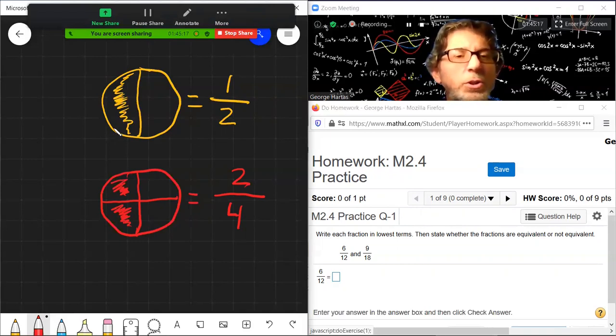So this goes to show you that, yes, these are equivalent fractions. They are the same thing. The only difference is that there are more units here. This is more chopped up into equal parts than this is. Well, 1/2 is the same as 2/4. 2/4 is the same as 1/2.